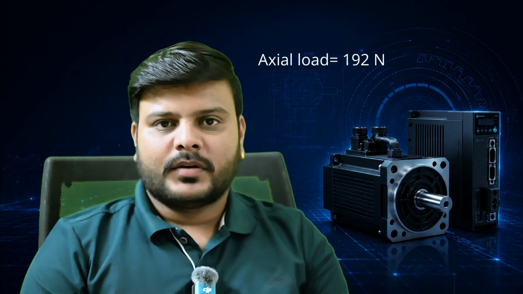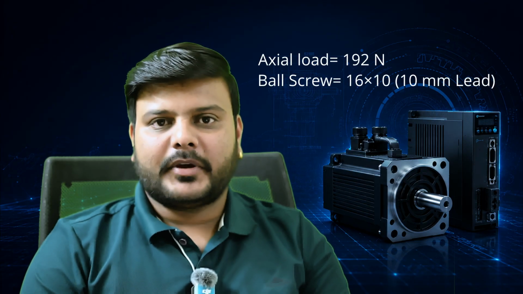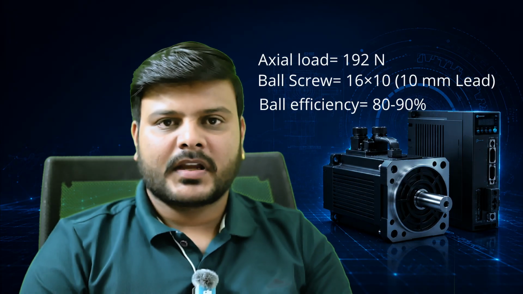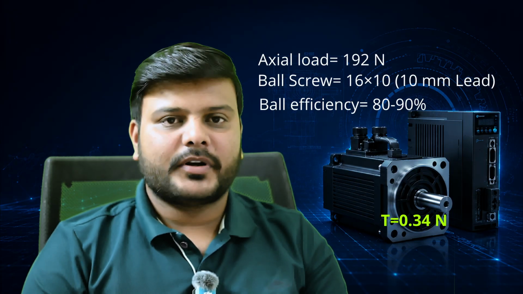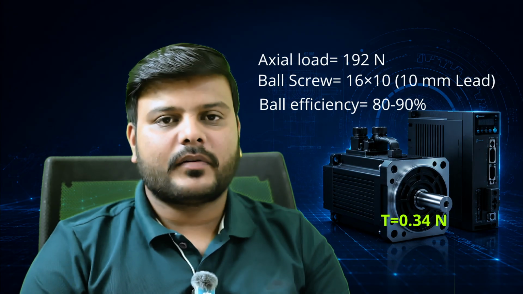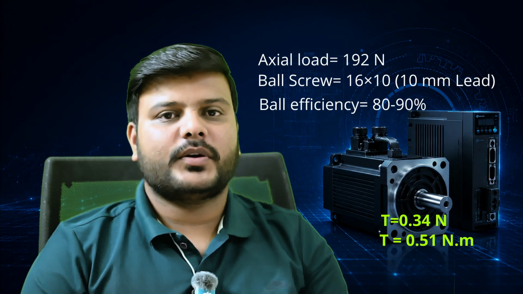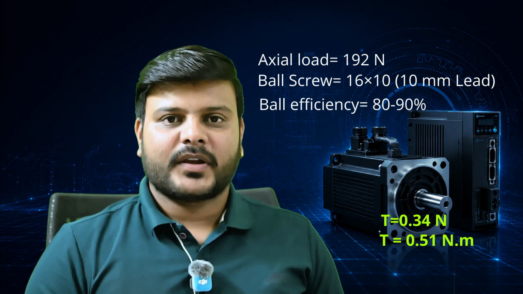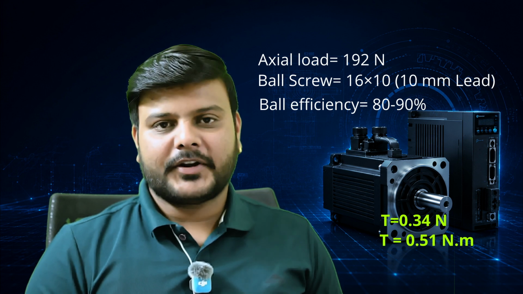So now we have an axial force of 192 Newton, ball screw lead of 10 mm and ball screw efficiency of 90%. Our calculated torque is 0.34 Newton meter. After applying the safety factor, our torque becomes 0.51 Newton meter. Now we have determined a design torque, which is 0.51 Newton meter.